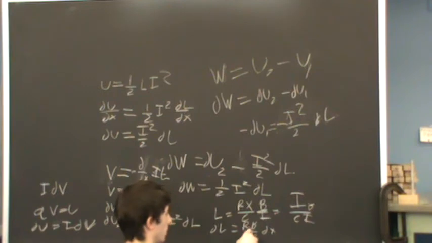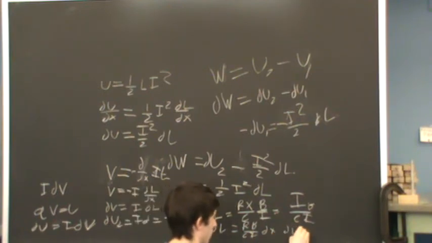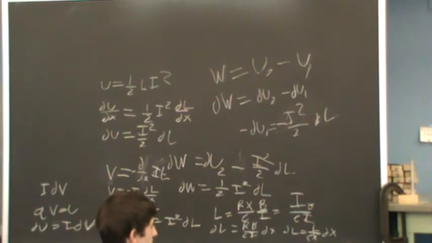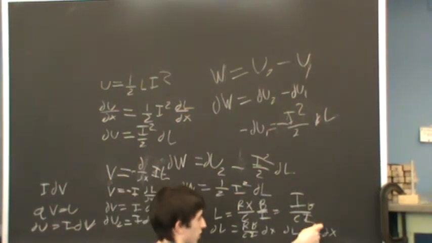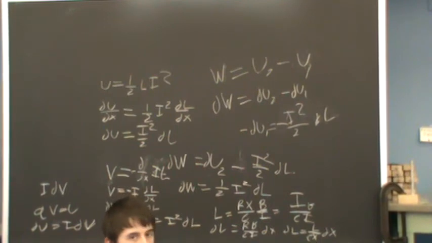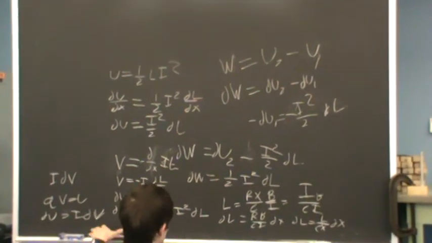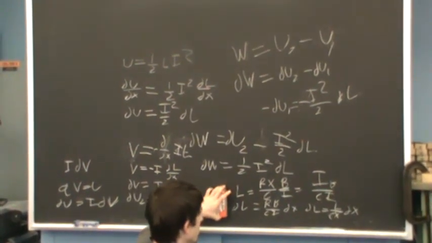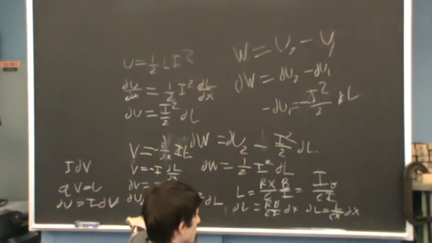And this term is also just dl equals L over Cx dx from up here. Then you plug that back in, where this is just the inductance per length, and you've got the right units and everything. Pretty sure, but not positive. We can find out when Cassandra comes back.